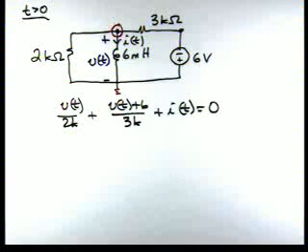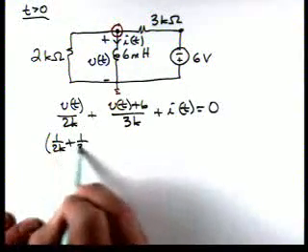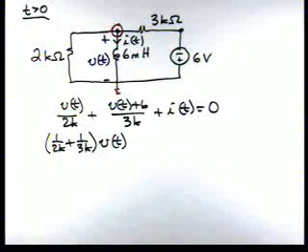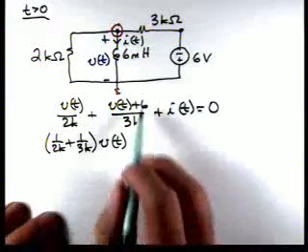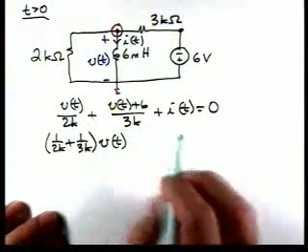Now, working on this equation some, we can collect terms. For instance, we'll have 1 over 2K plus 1 over 3K times v(t). This term here is 6 over 3K. That's 2 milliamps. We can move it over to the other side.